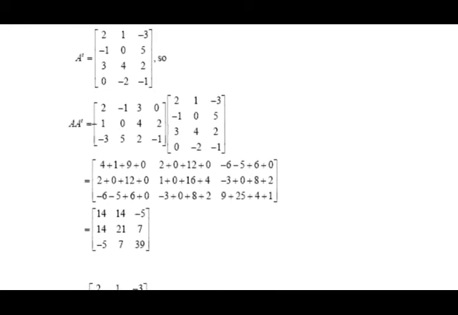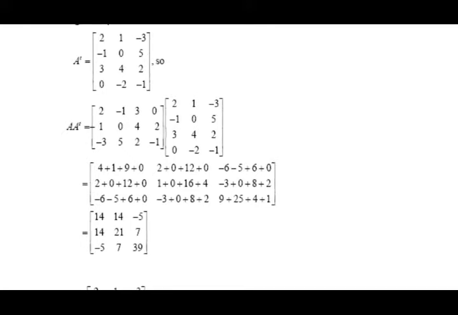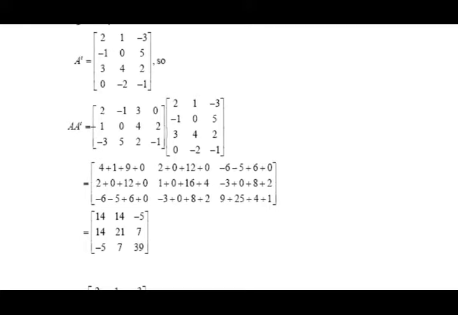Now we multiply with the same process: first row with the first column, then second column, and then third column. And then we multiply second row with the first, second and third column. And the same for the third row, multiplying all 3 columns.